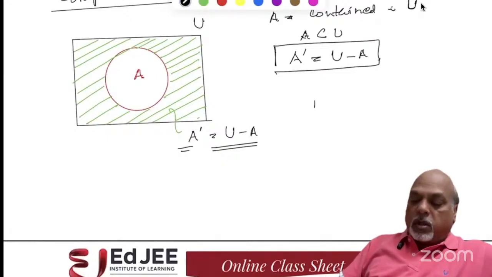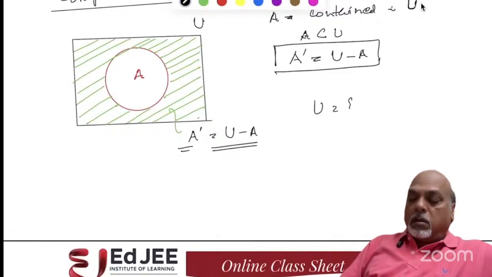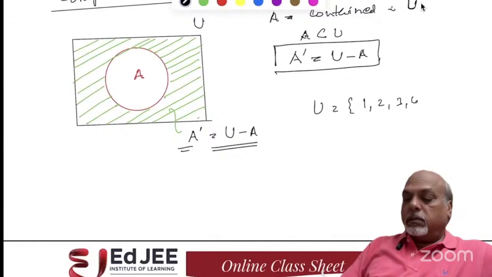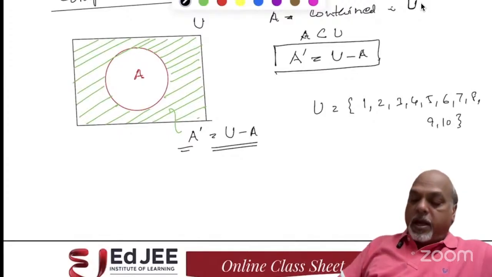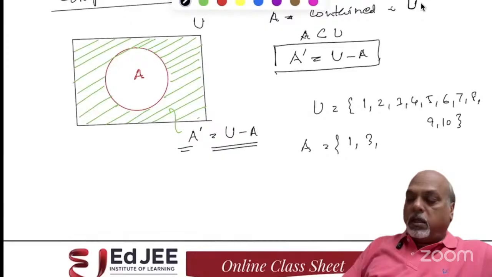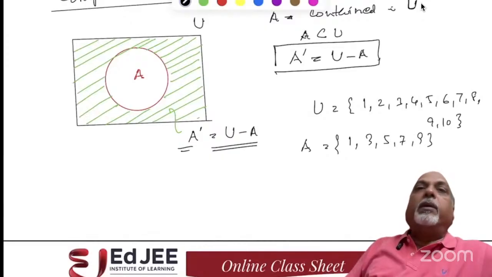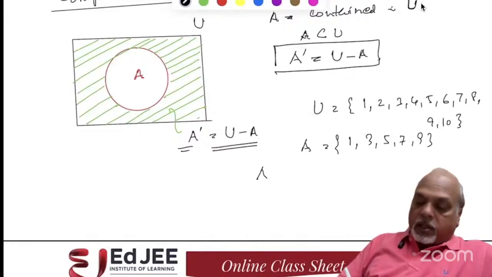Suppose U is your natural numbers from 1 to 10, and A comprises 1, 3, 5, 7, 9. Only 5 elements.